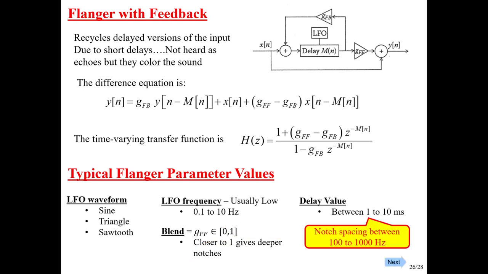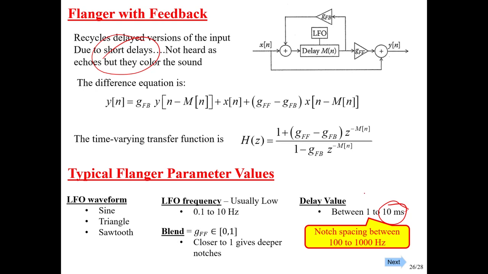And then here's the delay value that I alluded to up here. We're talking about up to about 10 milliseconds. And so if we go back and look at our relationship between the parameters for the comb filter and the spacing of the zeros and those gaps, we can see where these notches occur.